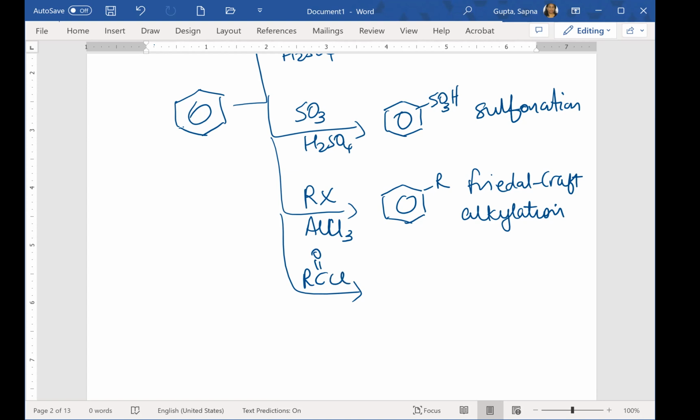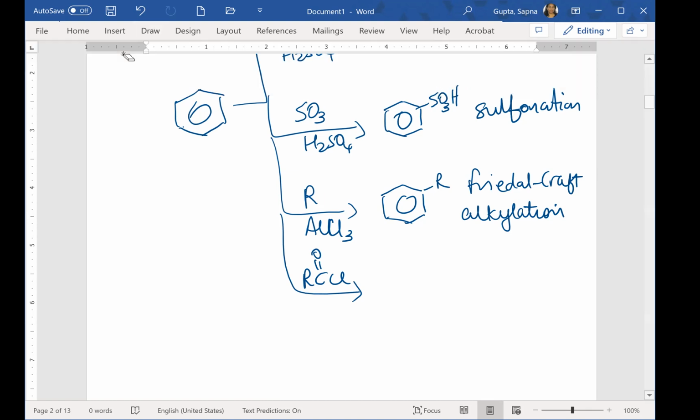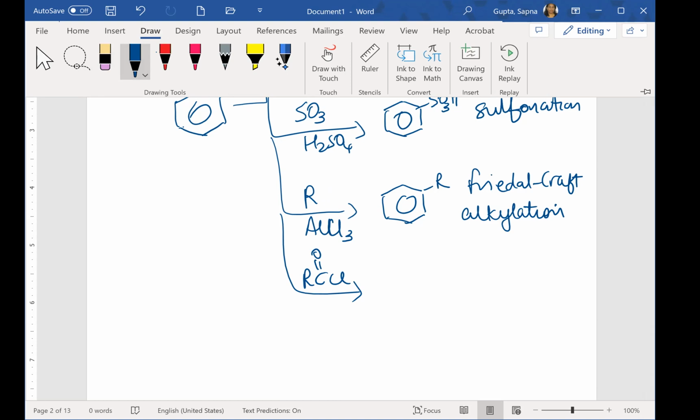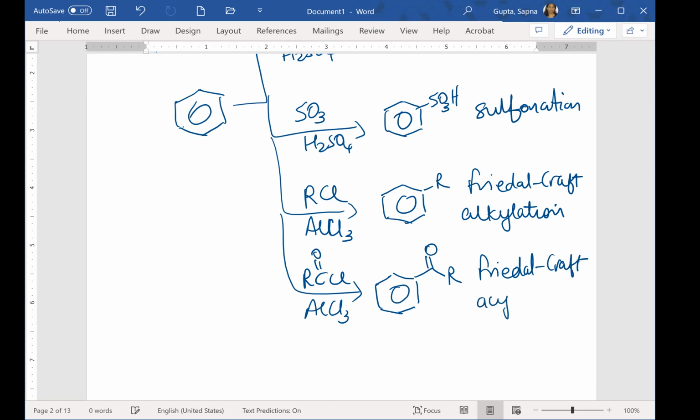The top one I wrote as X. Let me change that to Cl as well, actually. That would be good if I change it to Cl. That way you don't use any other halide. AlCl3, and okay, Friedel-Crafts acylation.